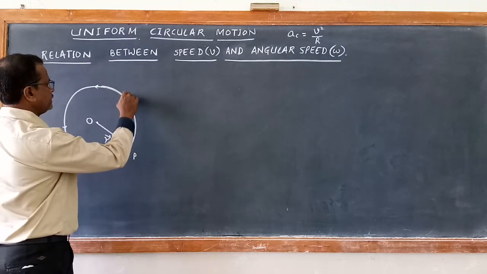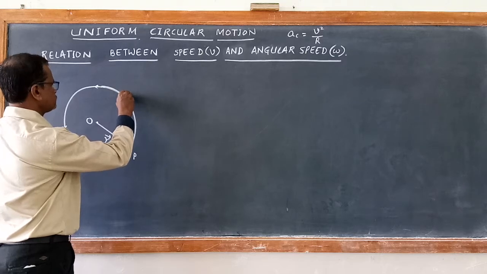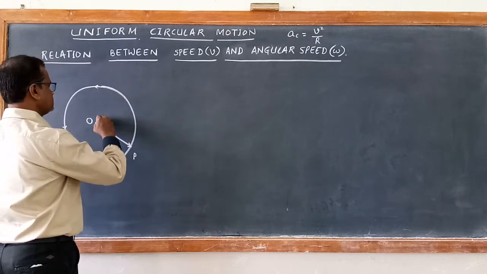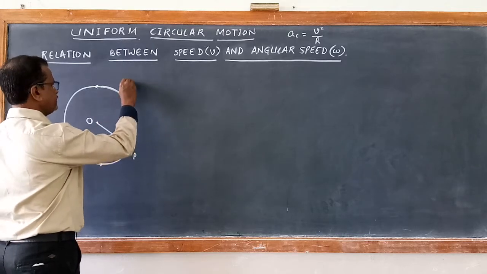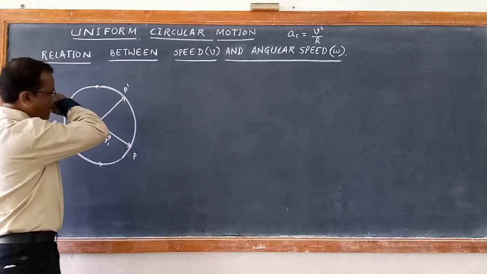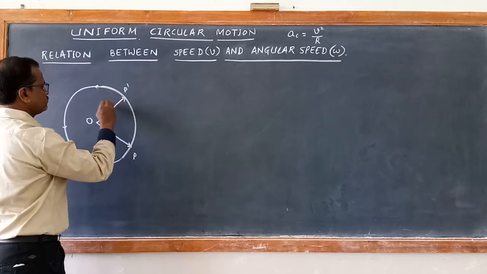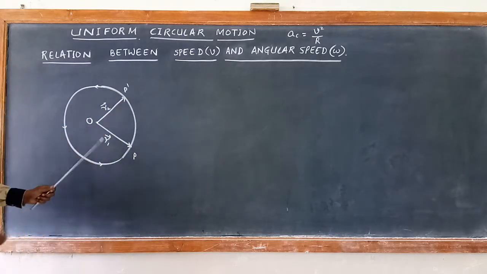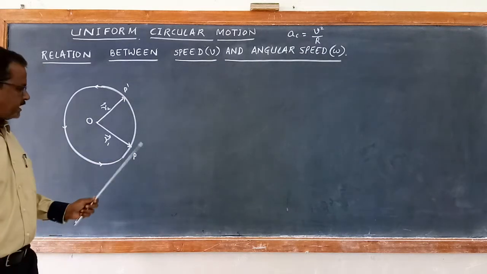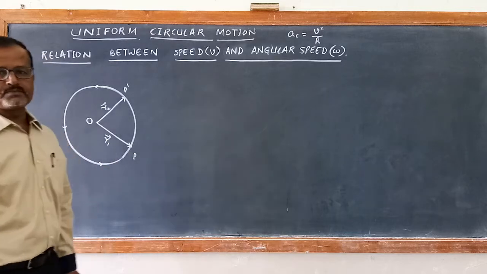At some time t, suppose it has moved through a distance of delta s to a point P dash, and this gives us the position vector r2. r1 and r2 are the position vectors of the object at P and P dash respectively.